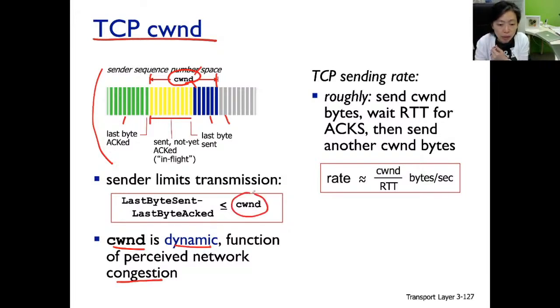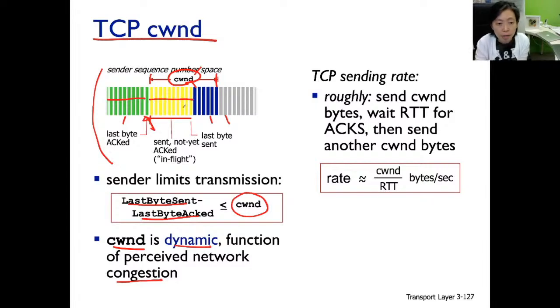And the quantity CWND here limits the number of bytes there can be between the last byte sent and the last byte ACKed. Green here are the bytes that have been sent and have been ACKed, so the last byte ACKed is the last green.